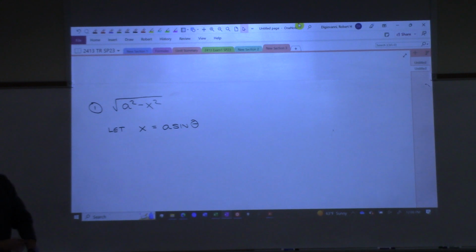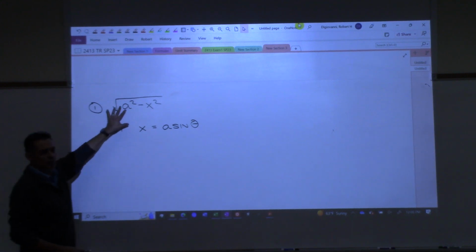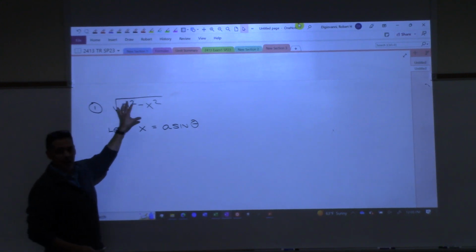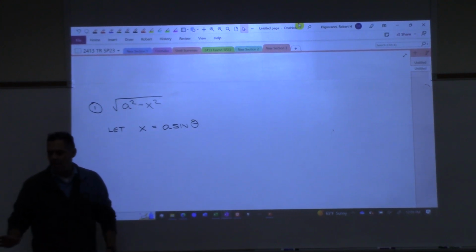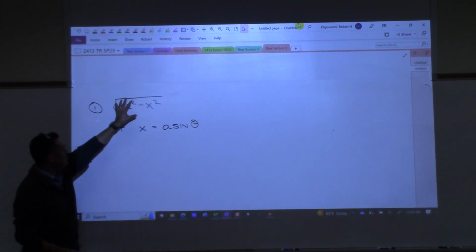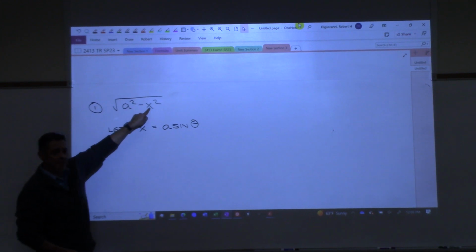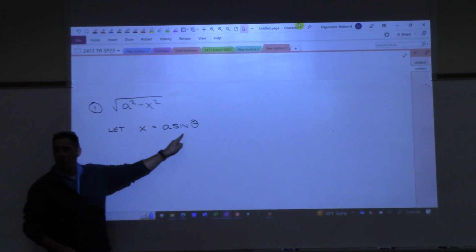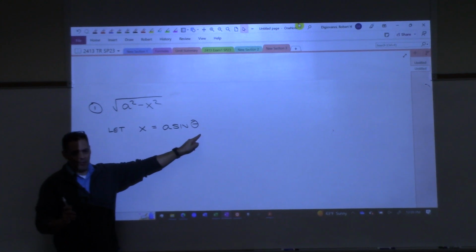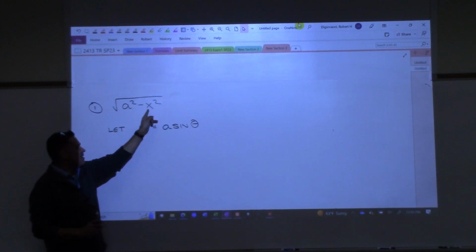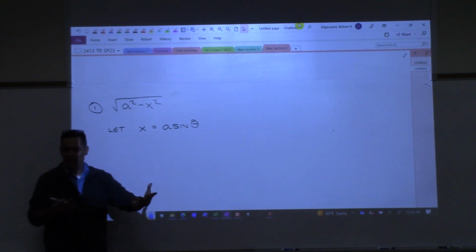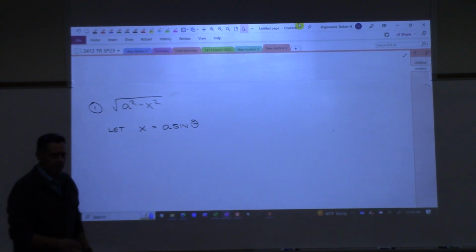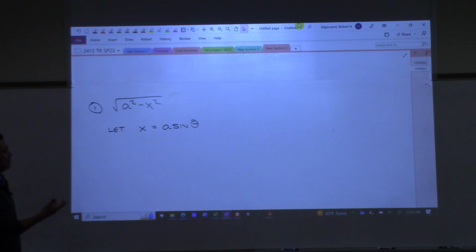If we ever see an integral that involves something like this in it, and we can't do it with basic U sub, we can't figure out any other way to do it, what we're going to do is replace x right here with something more complicated. And that's not a very natural thing to want to do, right? Like x is x. Why would I want to replace it with a sine theta and introduce this trig function? It seems like it's going to get worse, but it doesn't. Okay, let's see what happens.